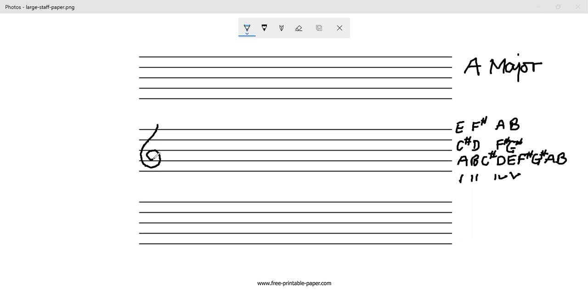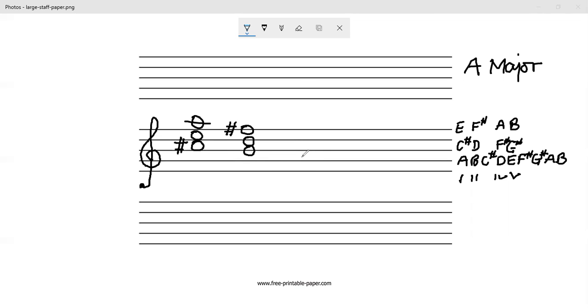So now let's have a go at writing them down. I'm going to write them down and you've got to tell me whether they're going to be an A chord or a B chord or a C chord. For the first one, I'm going to put C sharp, E, and then A. Chord 2, I'm going to put B, D, F sharp.